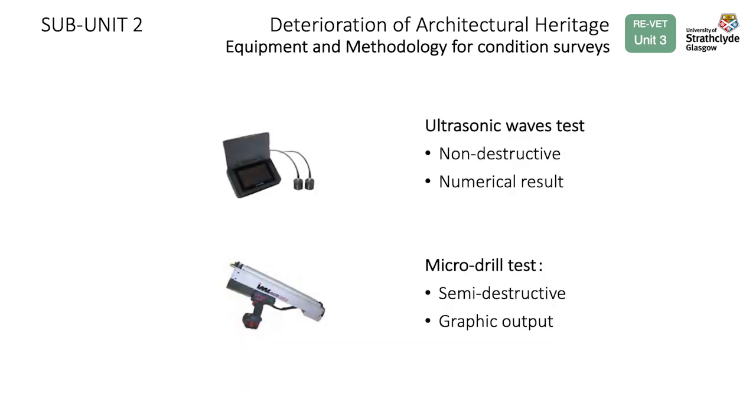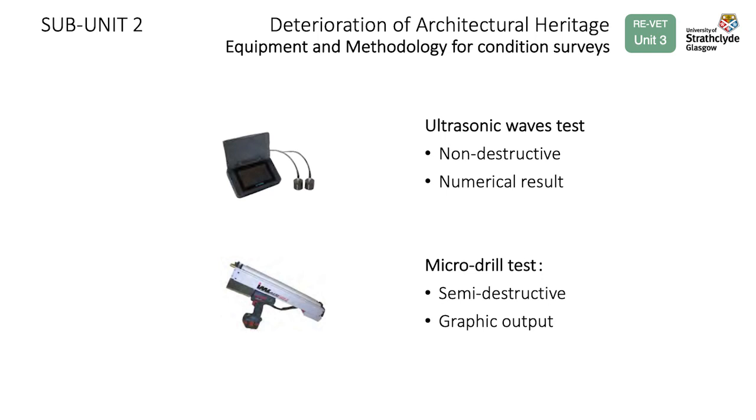The ultrasonic waves test and the microdrill test can be used to investigate the internal condition of timber elements. They estimate the original quality of the timber and the amount of degradation or damage. Both tests are quite different, as the ultrasonic waves test is non-destructive and the drilling is semi-destructive.